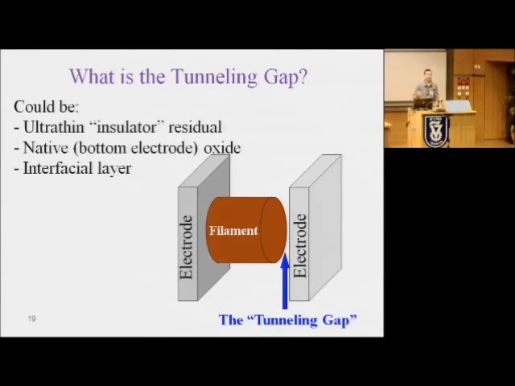So this could be some kind of native oxide of the semiconductor that was formed, and of course it has different material properties than the insulating bulk. And any other interfacial layer, some kind of interface between this bottom electrode and the insulating film, or between the bottom electrode and the conductive filament itself, because an interfacial layer can be about 1 nanometer, and of course has different material properties than the bulk.